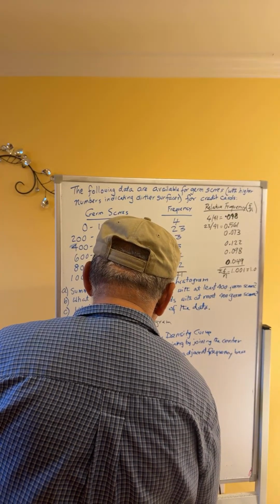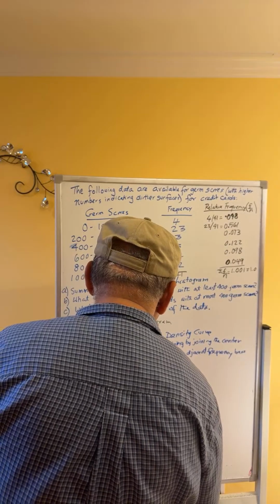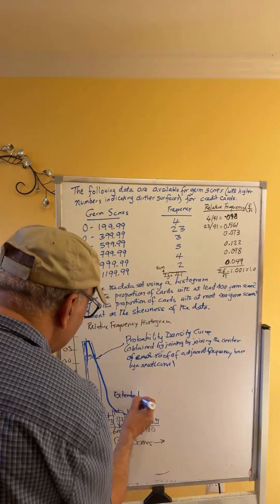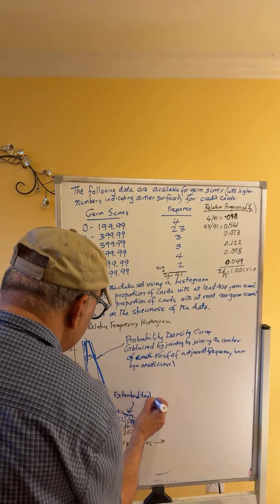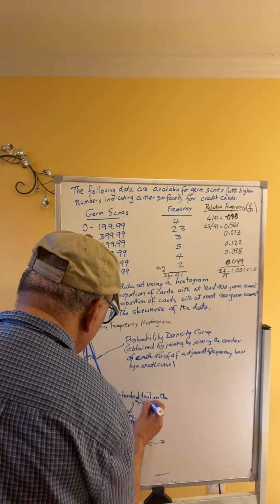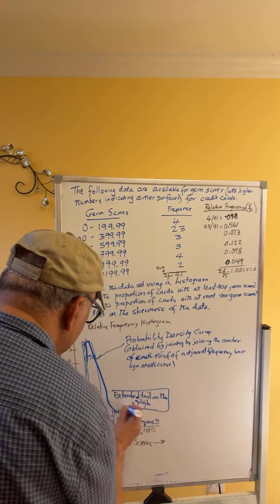That is the probability density curve, and it has an extended tail on the right, as you can see. That means there are many large numbers.